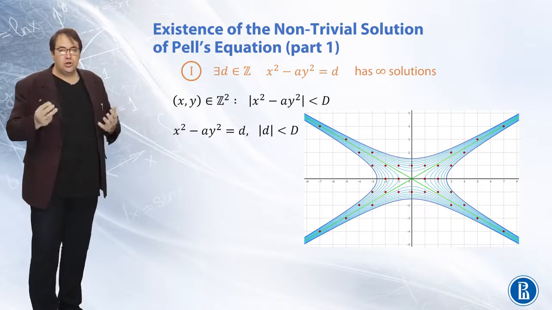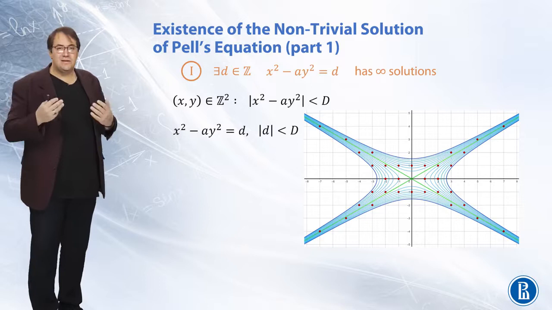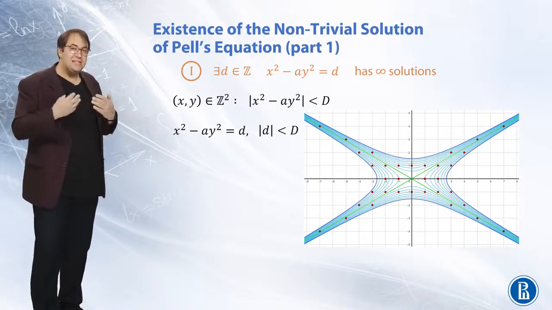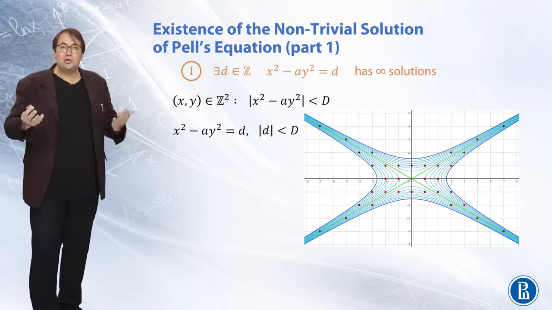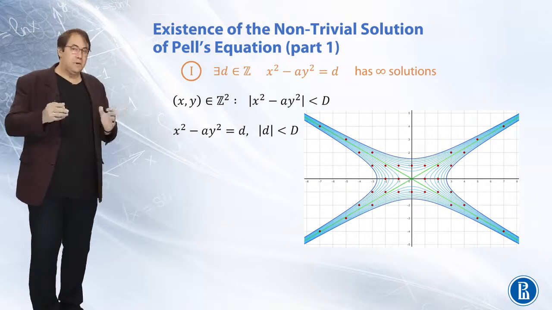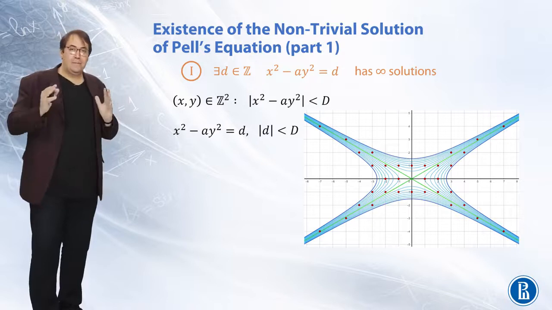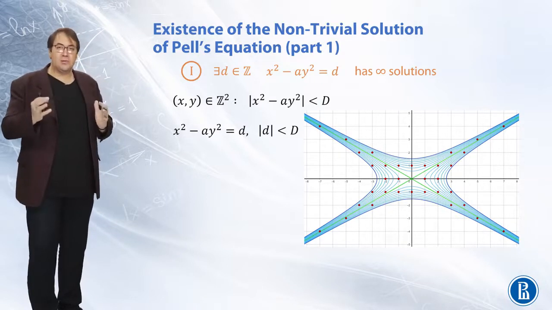So what do we need to show in order to prove that for some d, the corresponding equation has infinitely many solutions? Well, of course, we need to show that inside this region, for some capital D, there exist infinitely many integer points, points where x and y are both integers.